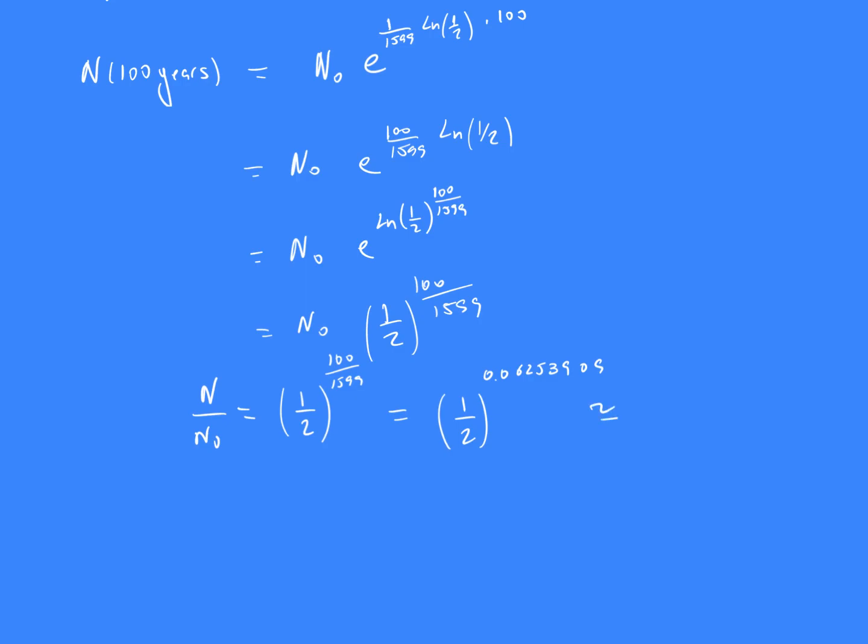This is approximately, let's do it using the calculator, of course. You will find 0.9575. So it means that about 5% has disappeared.